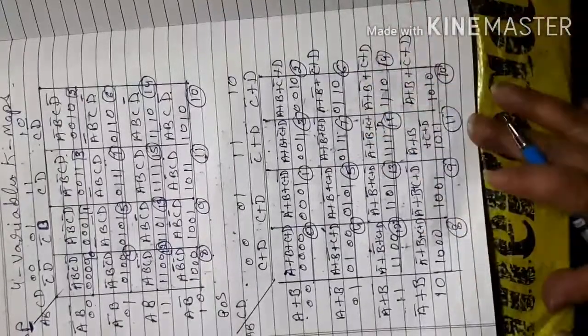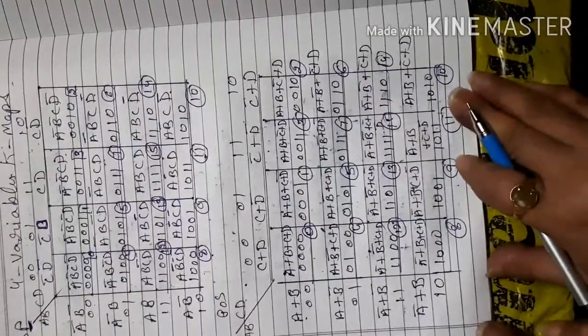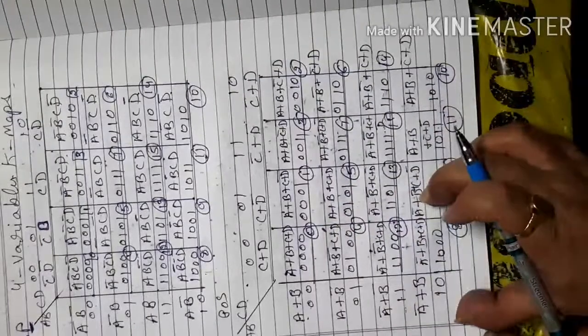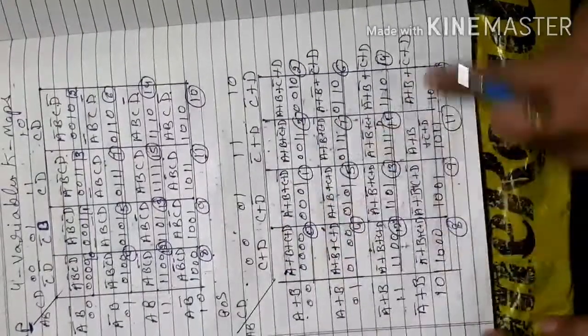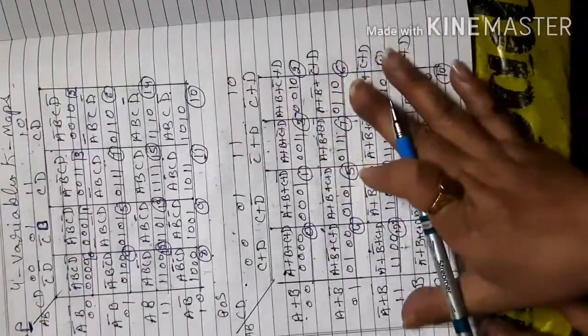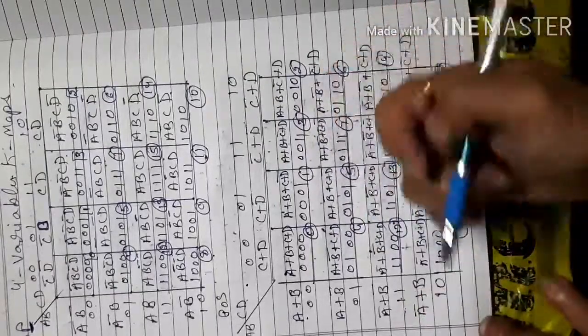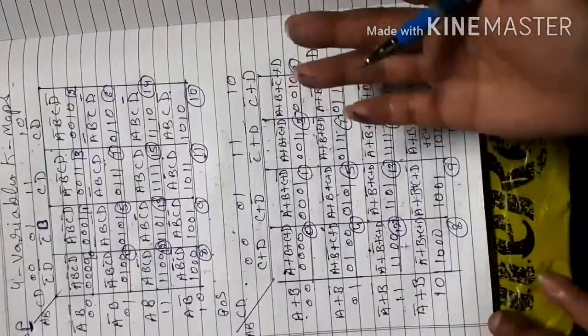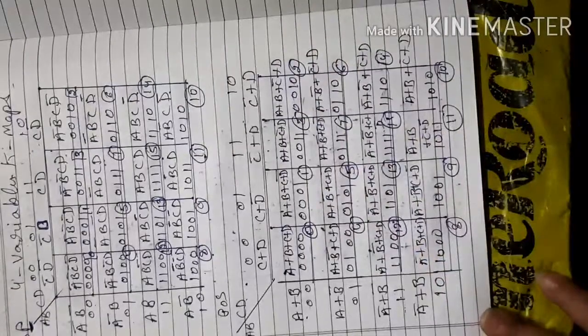So there is no change in the position of the binary number, only the variable changes. The binary number position is the same. Instead, for the variable in POS, the complement becomes 1 and the actual number becomes 0.